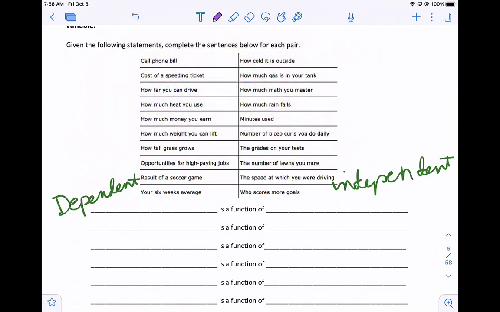I'm going to circle one. Let's look at results of a soccer game. What does that depend on? Who scores more goals? Okay, so again, the result of the soccer game is a function of who scores more goals.